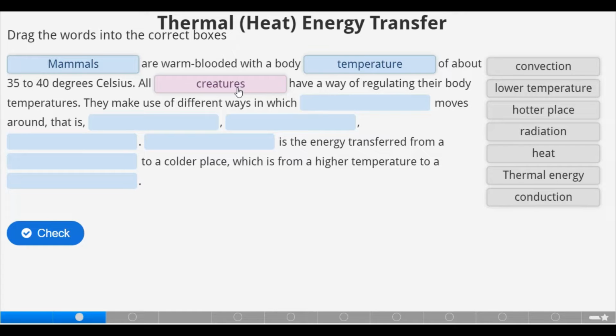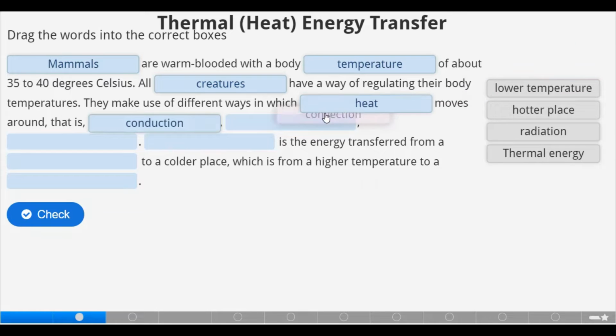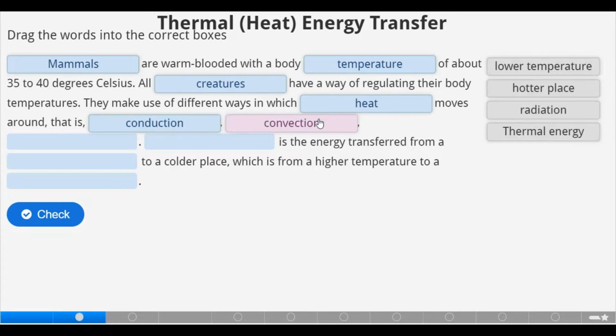They make use of different ways in which heat moves around. That is conduction, convection, and radiation.